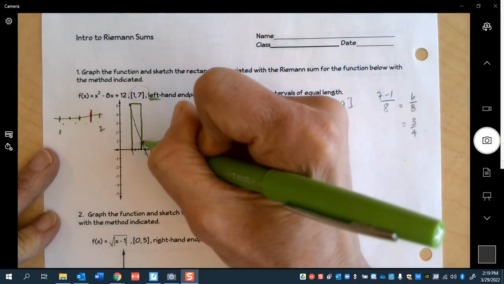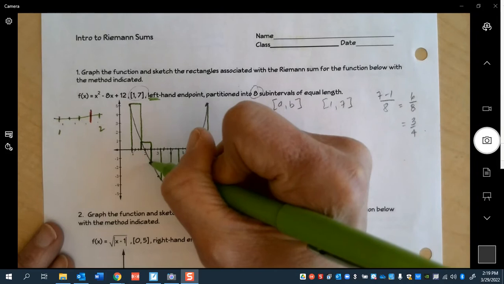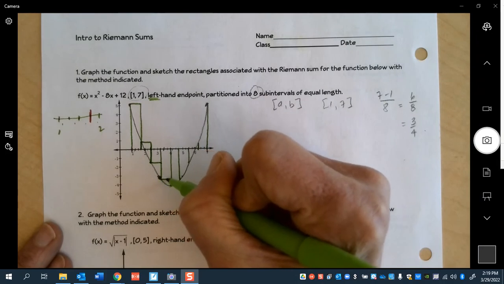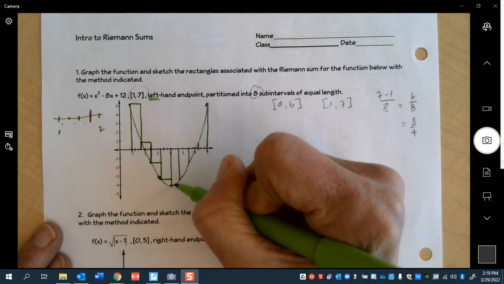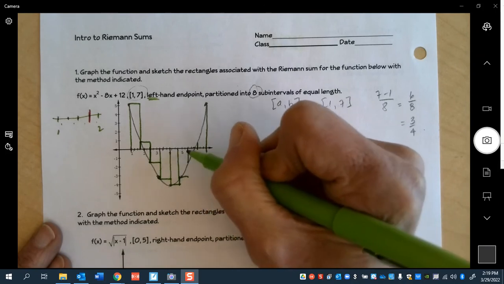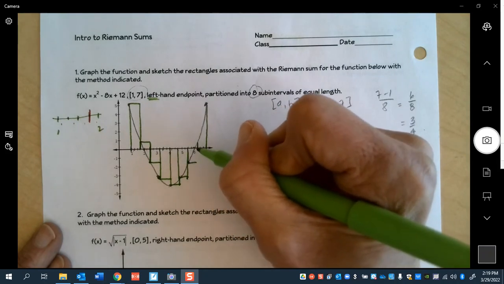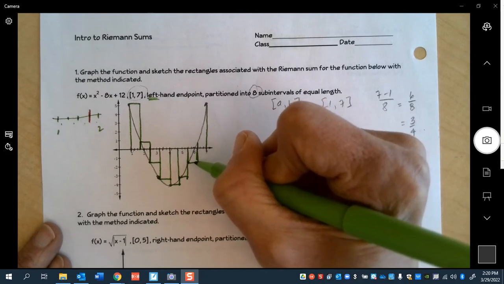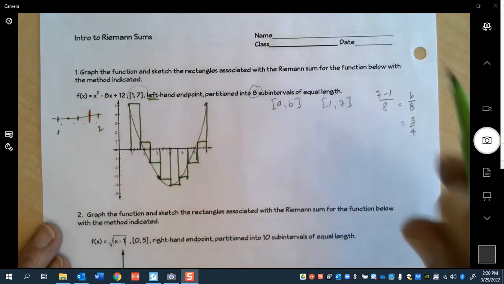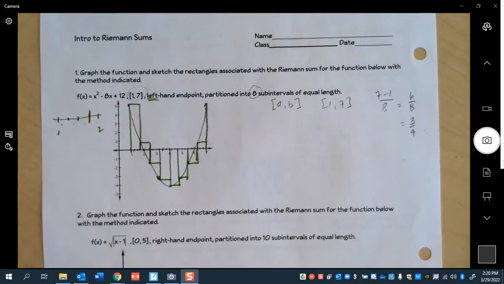Mark my left hand, there's my box. So this part of my line is not going to be a part of the calculation.